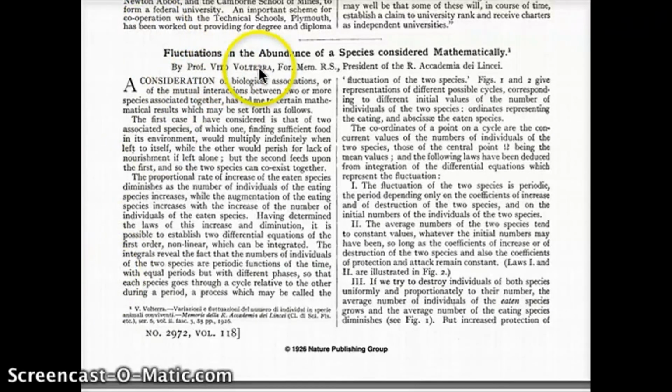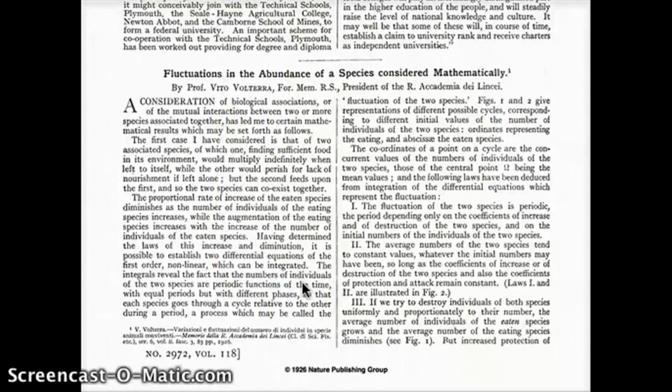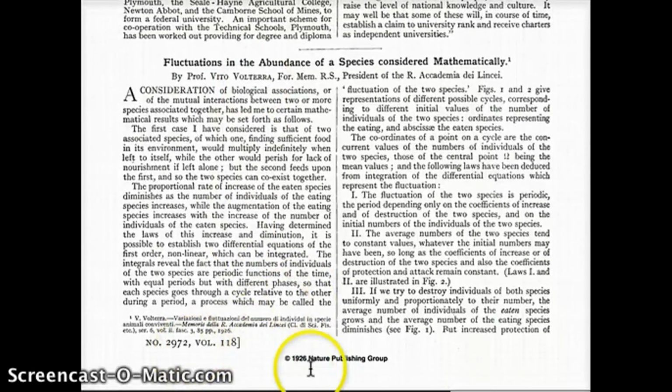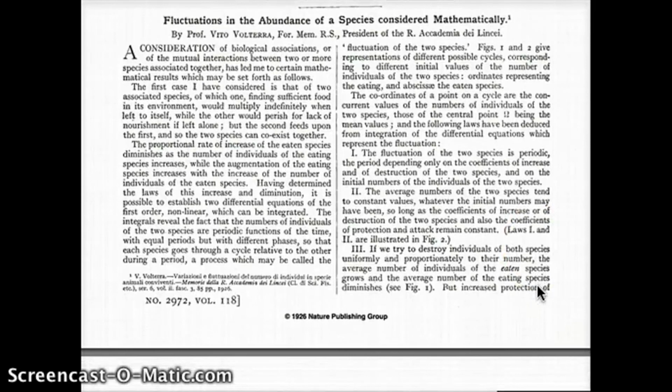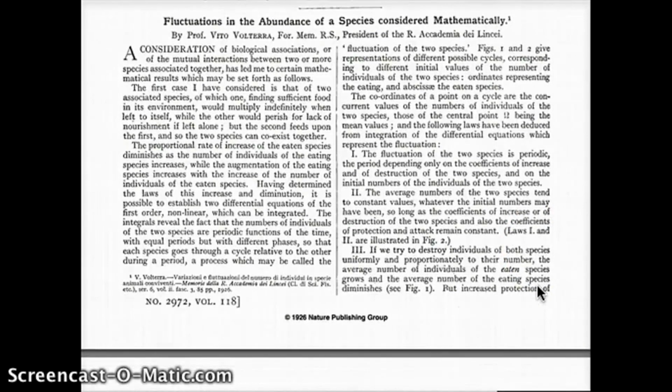One of the pioneers in using mathematical equations to describe these interactions is Vito Volterra. As you can see here, this is a copy of a paper that Volterra published in 1926 in the journal Nature. The original publication on what is considered today a prime model of predator and prey.